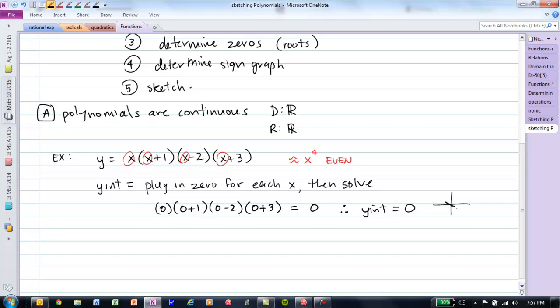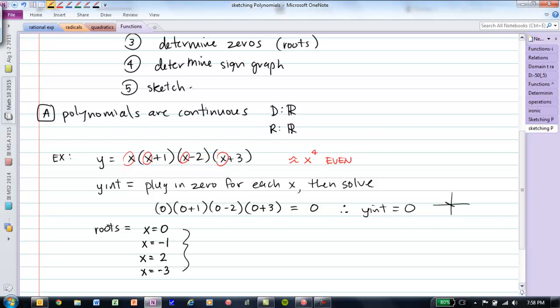Okay? All right, next we're going to find the roots. The roots are basically found by using the zero product property for each of those factors in what we're talking about. So in this case, we would say x could be equal to 0, x could be equal to -1, x could be equal to +2, and x could be equal to -3.